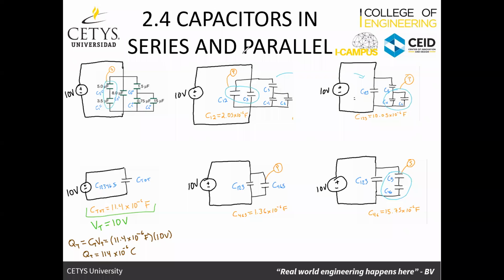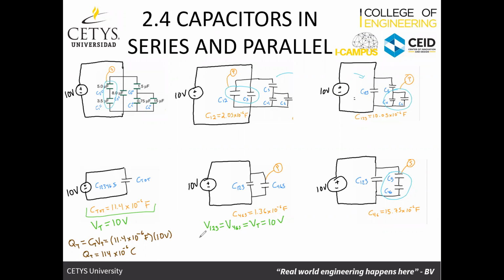So what Andrea said is correct. The voltage is the same. So what voltage did we have previously? 10. So the voltage in 1,2,3 is equal to the voltage in 4,6,5, and that is equal to the voltage we already have, which is 10 volts. What is going to be different? The charge.